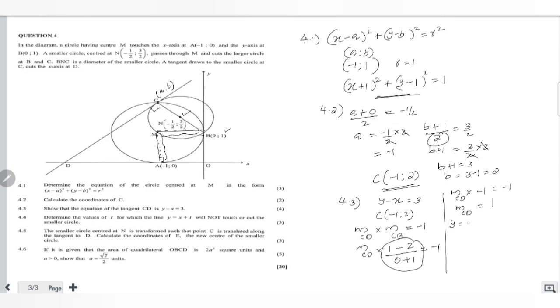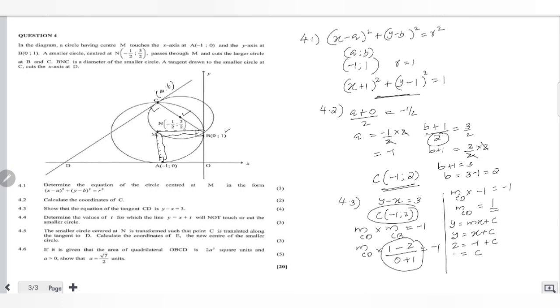y is equal to mx plus c. That is y is equal to m is 1, right? CD. 1 times x plus c. Now you have to make c available. You can substitute this point. That is why we need 1 point. Substitute it. X value minus 1, y value 2, that is 2 is equal to minus 1 plus c.